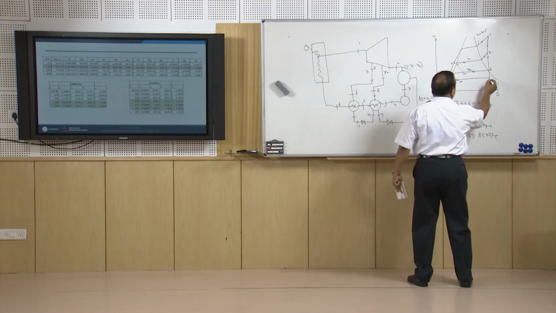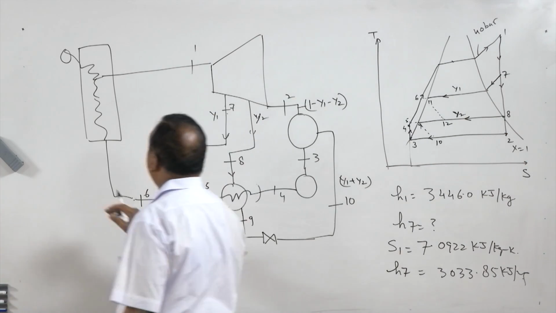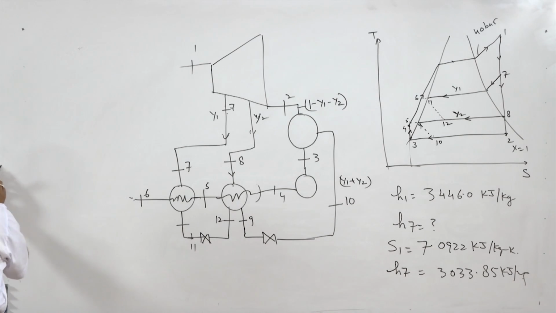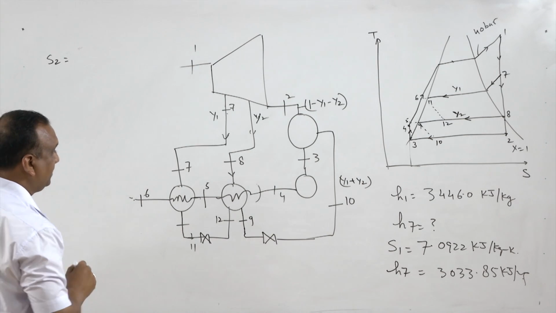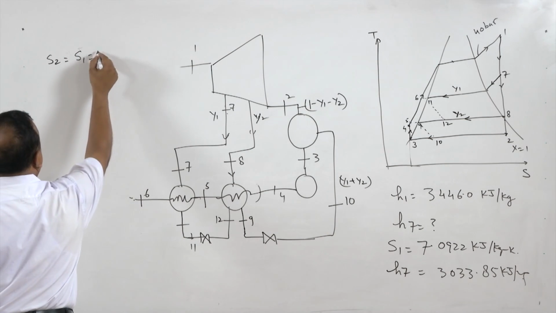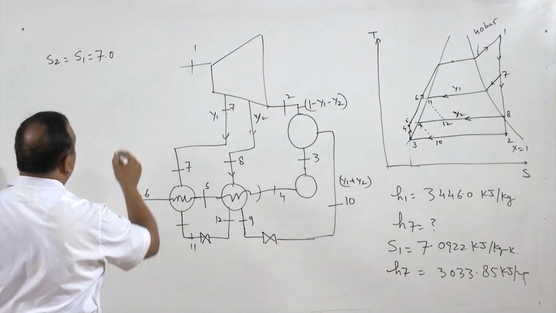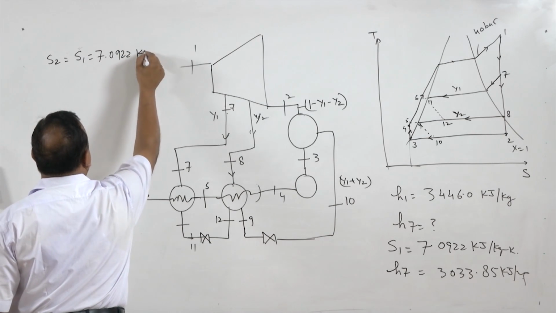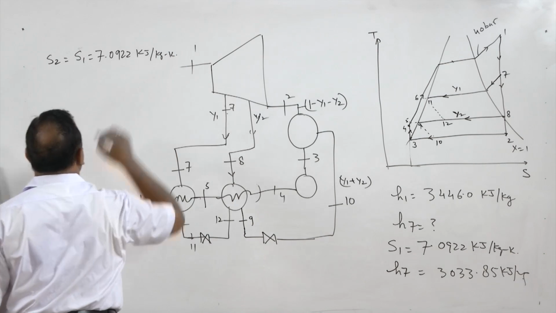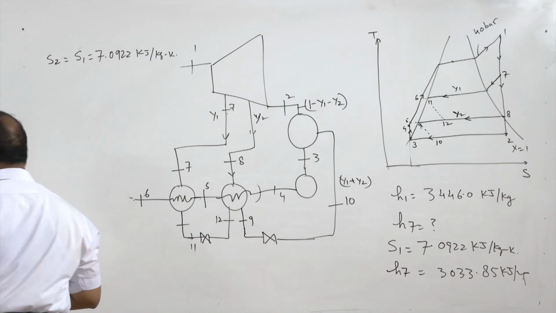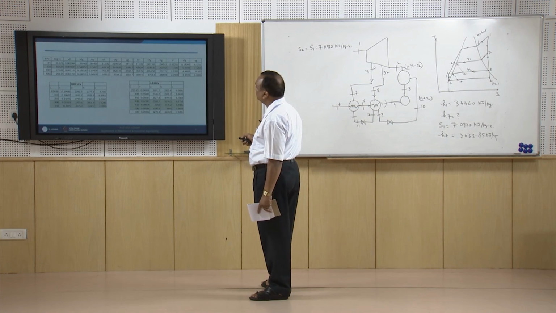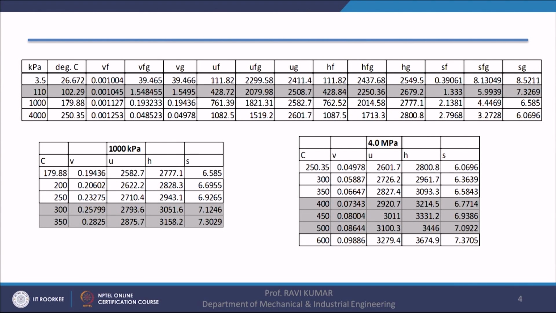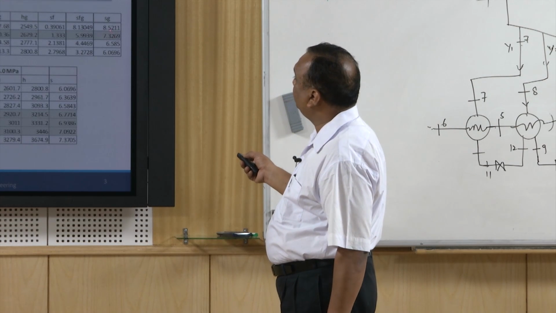Similarly, we can find the enthalpy at state 2. S2 again is equal to S1, which is 7.0922 kilojoules per kg Kelvin, right. Now, if we look at the properties of steam at 3.5 kilopascal, the entropy of the gas is 8.5211.